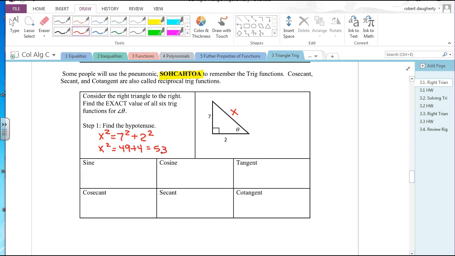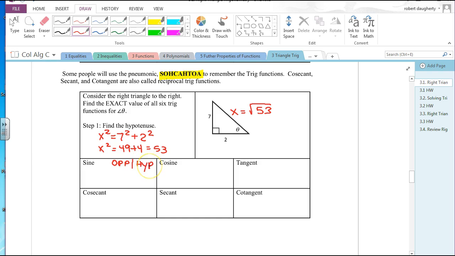What does x equal? Square root of 53. Okay. There are no decimals. There are no approximations. That is the exact answer. That side is the square root of 53. Now, what's the definition of the sine function? Opposite over hypotenuse.